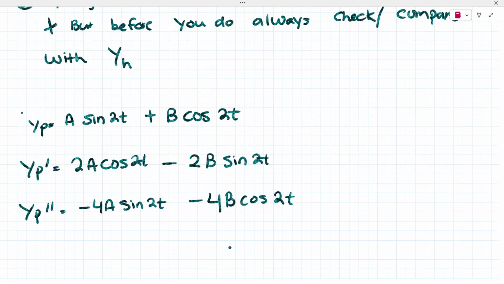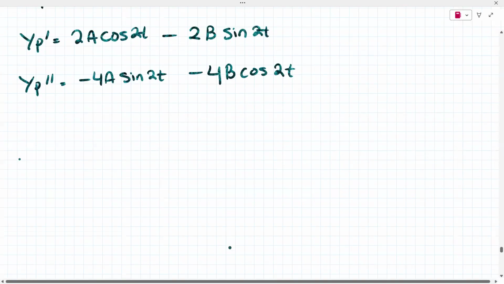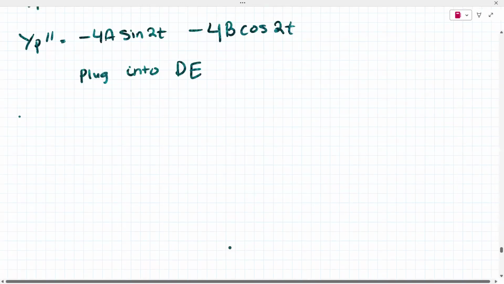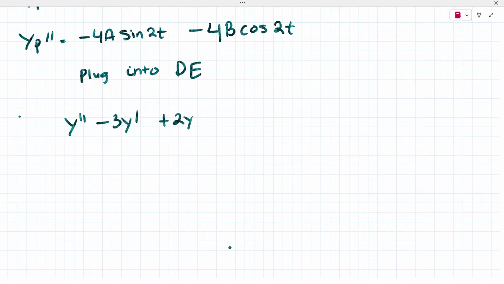Okay, then you would plug it into your differential: y double prime minus 3y prime plus 2y equals 5 cosine of 2t.